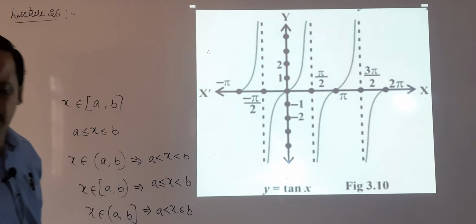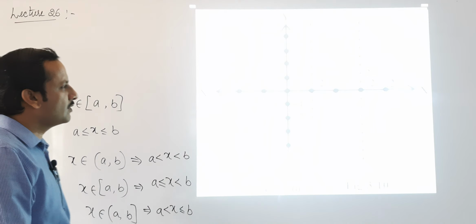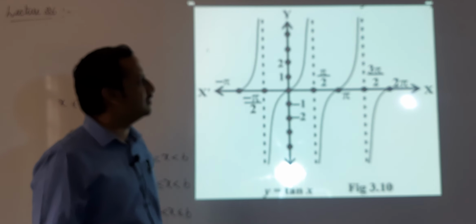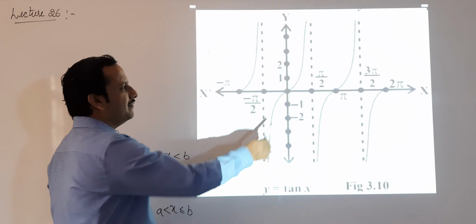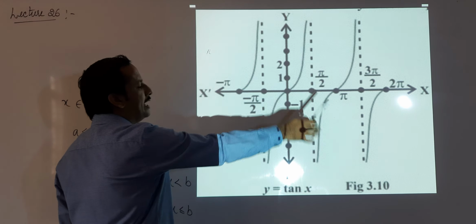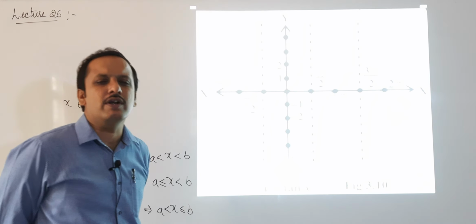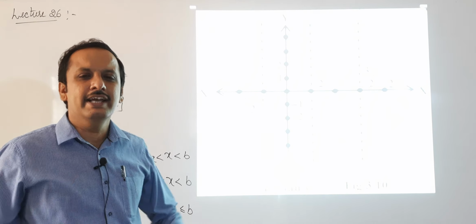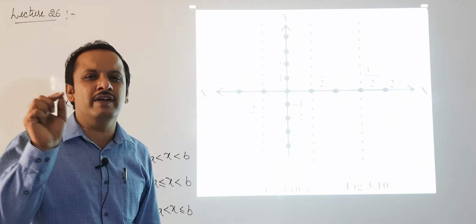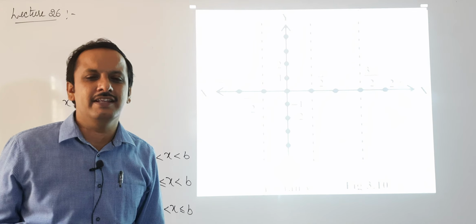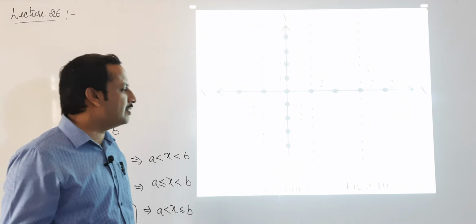Observe here. At 0, tan 0 is 0. At pi by 4, it is 1. At pi by 2, at 90 degrees, what happens to tan x? Tan x is not defined at x equal to 90 degrees. In our table, you must have observed, we wrote nd, that means not defined. Tan pi by 2 is not defined.